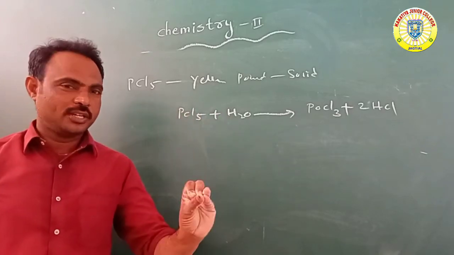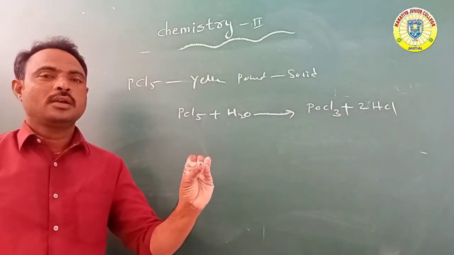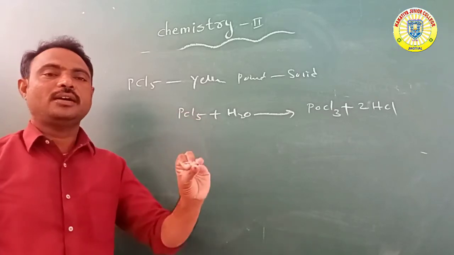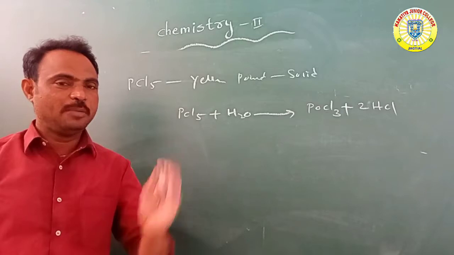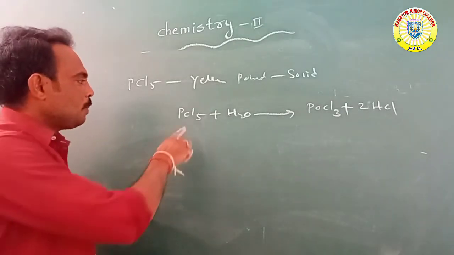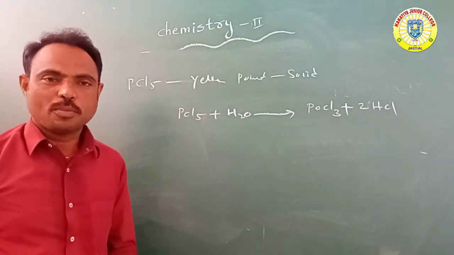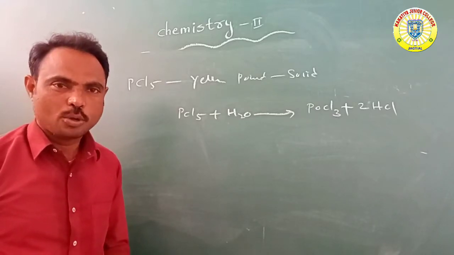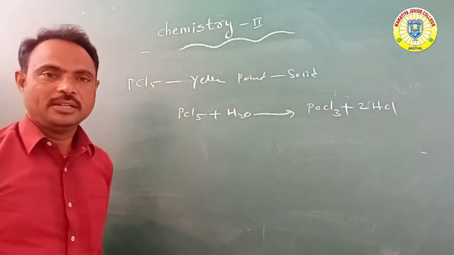Write the reaction of PCl3 with water molecules. That is a very important question. Phosphorus trichloride reacts with water to form POCl3, phosphorus oxy trichloride, and hydrochloric acid.